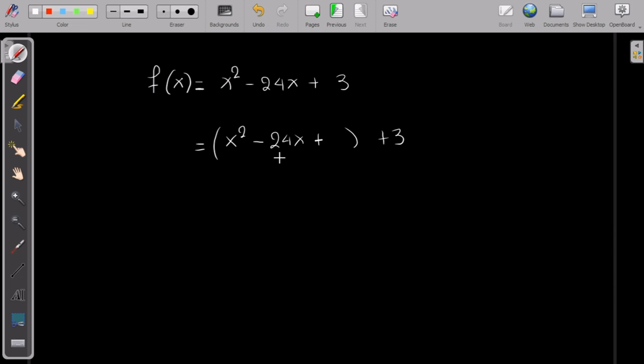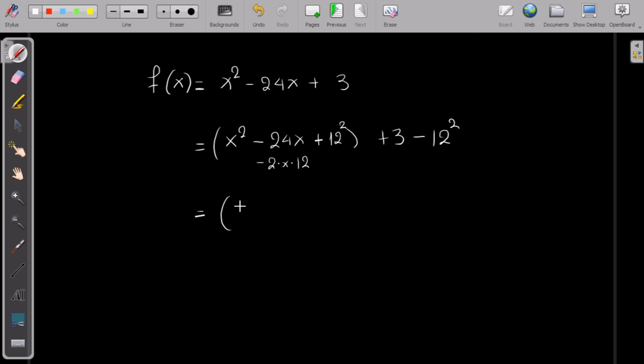But I prefer the method where I know what I'm doing. What does it mean? This one is basically minus 2 times x times, so minus 2 times how much will give me minus 24x? Minus 2 times 12. So here it is going to be 12 squared, and I must also subtract it.